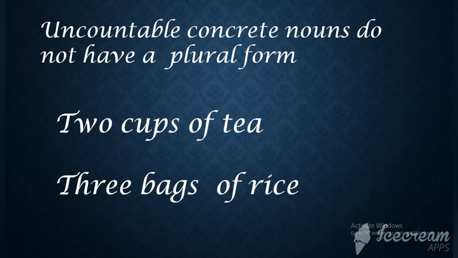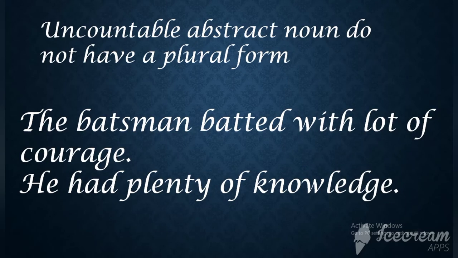And then next what we are going to study is that uncountable abstract nouns do not have plural forms. Now uncountable abstract nouns also do not have plural forms. For example, the batsman batted with a lot of courage. Which is the abstract noun here? Courage, right? We cannot touch or see it, we can only feel it. So we cannot add an s to courage.